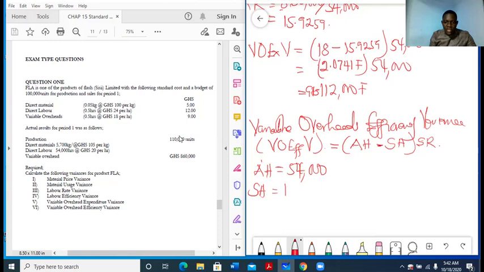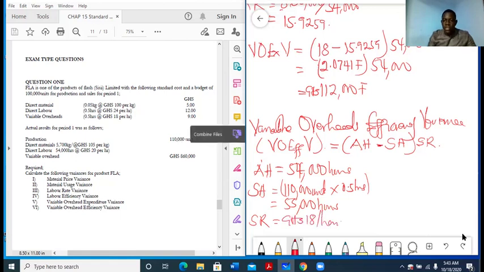So 110,000 units times 0.5 hours gives us 55,000 hours. Our standard rate, our SR, is equal to 18 Ghana cedis per hour.